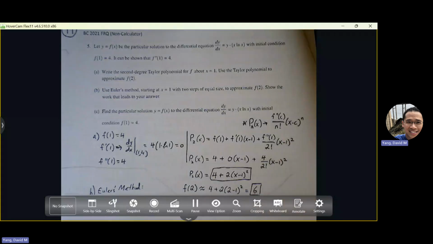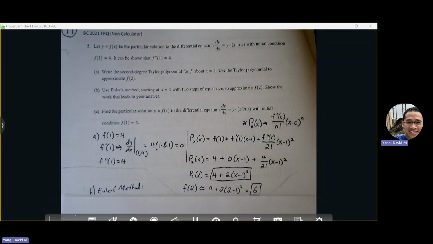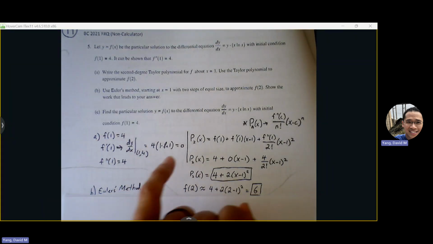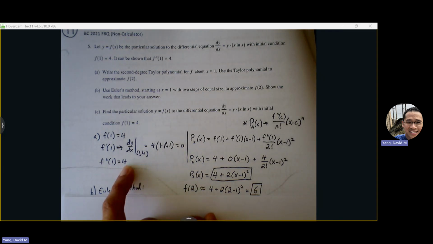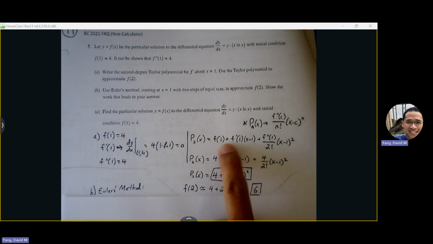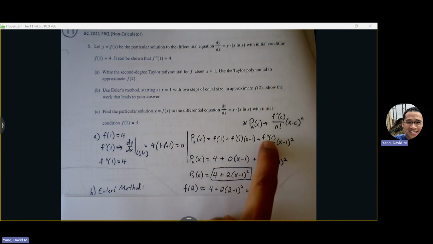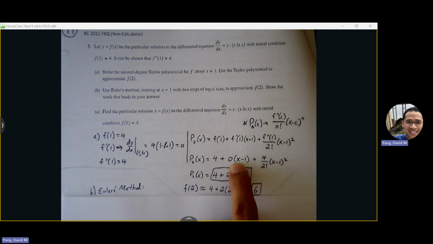Okay, so we gather enough information to be able to build our Taylor polynomial, degree 2. So there's our formula for our Taylor polynomial. And we're going to gather our f of 1, gather our f prime of 1, which is coming from dy dx, gather our f double prime of 1, which is given to us, and then we just put it into that numerator portion of each of our polynomial terms.